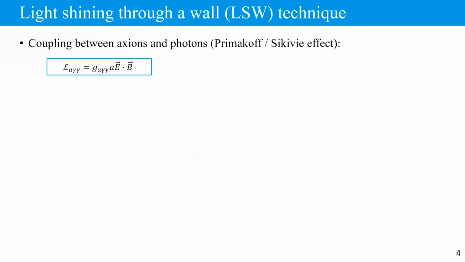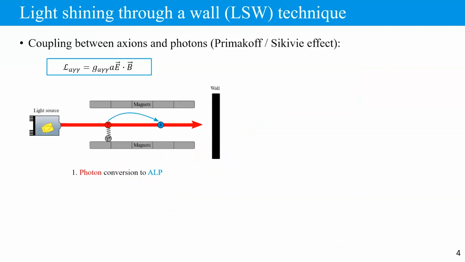So how can we detect such particles using the light shining through a wall technique? If we look at the Lagrangian of the axion, we see that it contains a term that can couple to photons in the presence of a magnetic field via the so-called Primakoff or inverse Primakoff effect. How can we make use of that?